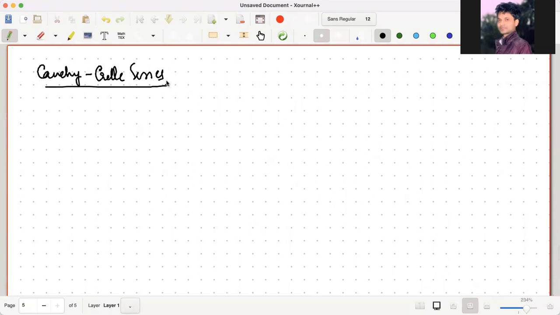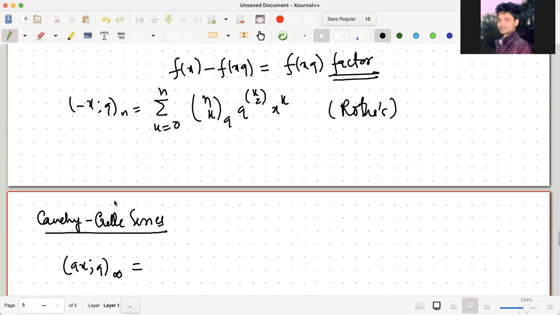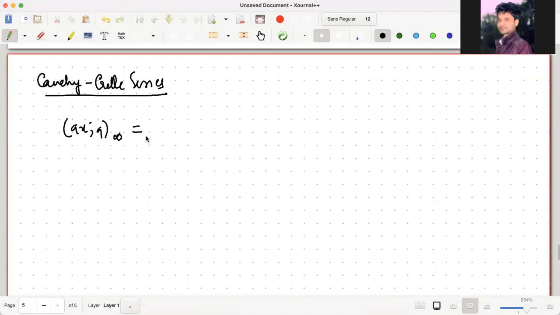Before going there, if you replace minus x by ax in Euler's result, then you will get (axq)_infinity equal to the sum over j greater than or equal to 0 of q raised to the power j choose 2, minus a raised to the power j, x raised to the power j over (q)_j.